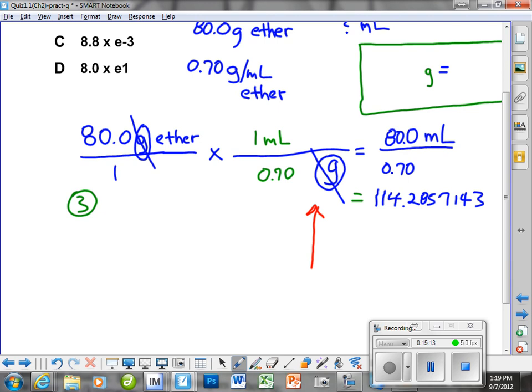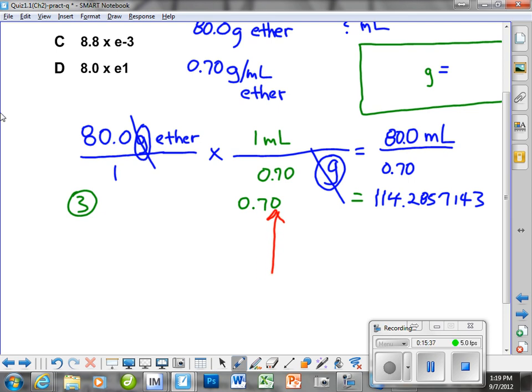Now, on the bottom, the only thing that we have is 0.70, and to count the sig figs here, this trailing 0 right here will count. This 0 won't, because leading zeros never count. So I have 2 sig figs for this guy.